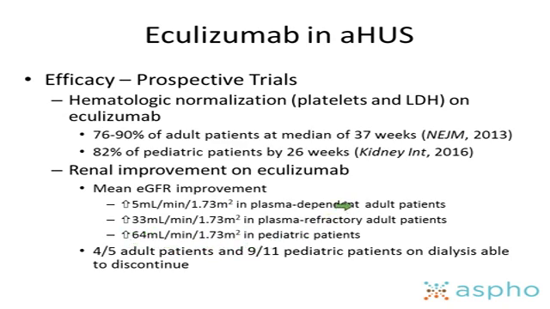There was even a modest further improvement in renal function in patients who were plasma dependent, who were seemingly stable on plasma therapy. And for me as a pediatric nephrologist, it's perhaps most notable to see that 4 of 5 adult patients in the adult trials and 9 of 11 pediatric patients in the recently published pediatric trial who were on dialysis were able to come off of dialysis.